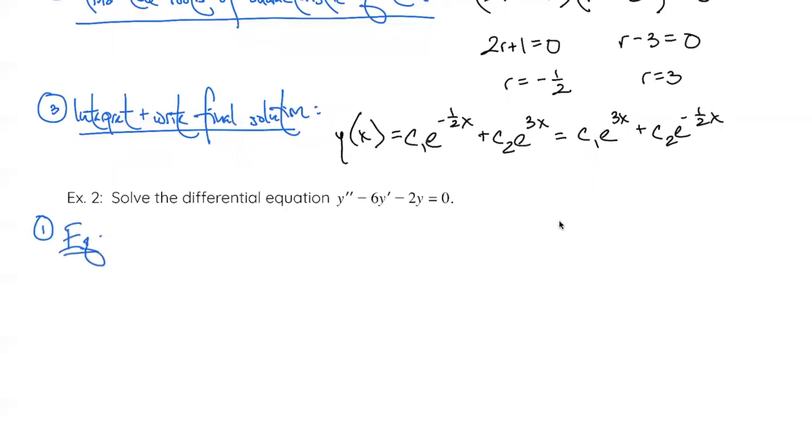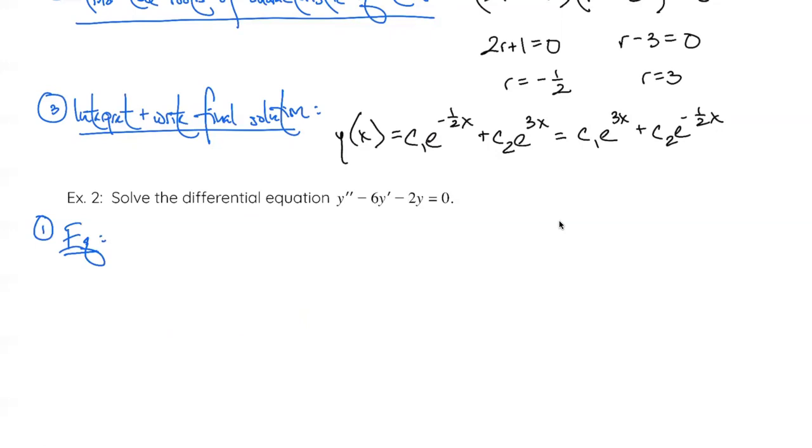All right. So if we were to write our characteristic equation for example 2, what would we get? What would that characteristic equation be? Yeah, A is 1, good.